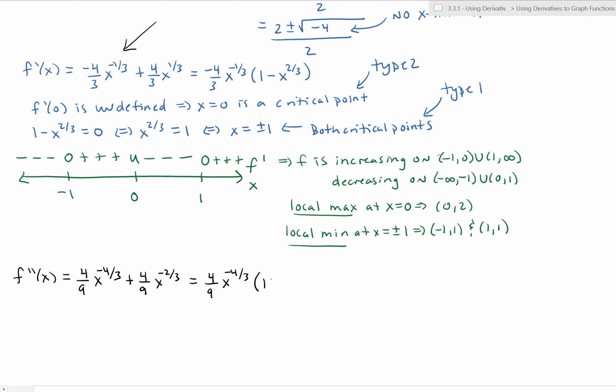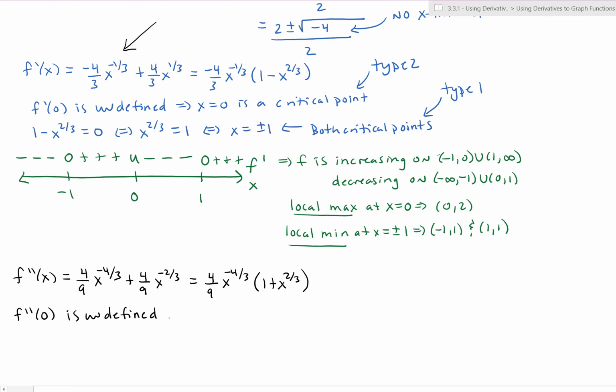And what I'm left with is a 1 plus an x to the +2/3 power. That's useful because, again, we'd like to figure out when this second derivative is either 0 or undefined, because there can be possible inflection points and possible changes in concavity. Notice that if x is 0, second derivative is undefined, right? F double prime of 0 is undefined, but that should seem like so since the first derivative was also undefined at 0.